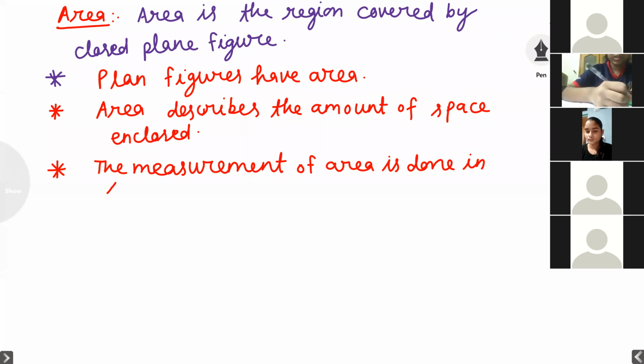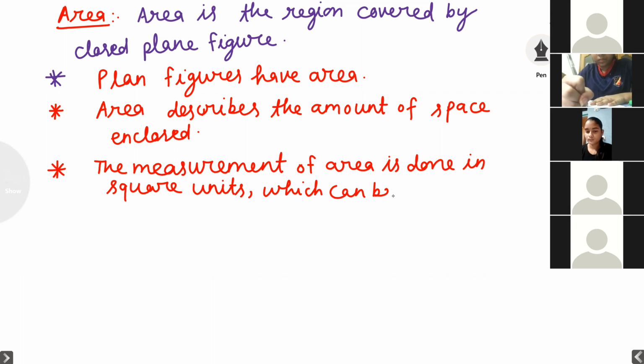This point is very important. Square units, which can be centimeter, meter, and so on.